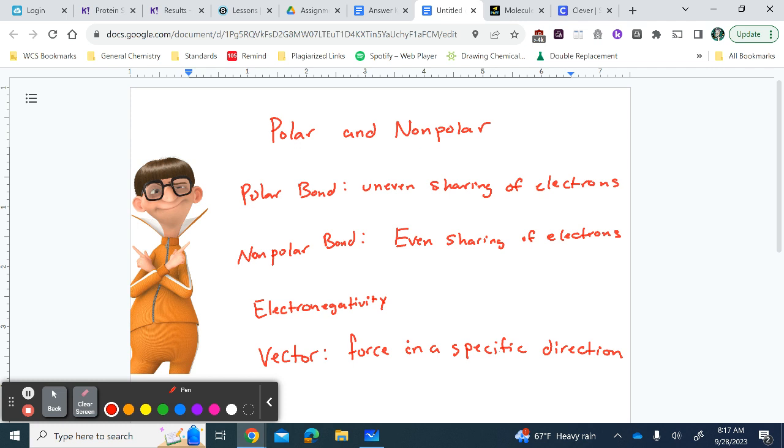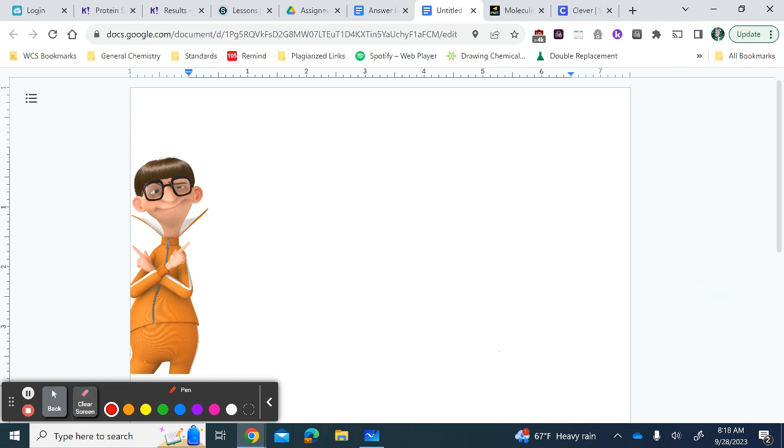So if you put your arms out to both directions, like this, and you have somebody on this side pulling your arm and somebody on this side pulling your arm, you're going to be pulled in these directions. And when you're getting pulled, we have these specific vectors, or more specifically, forces. So we can use vectors and forces to determine how a specific bond is going to look and how we can figure out if it's going to be a polar or a nonpolar bond.